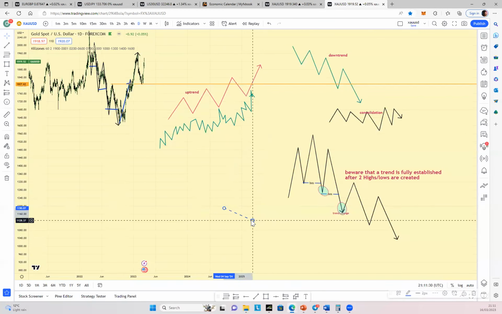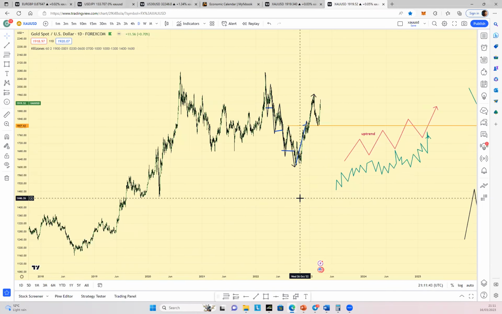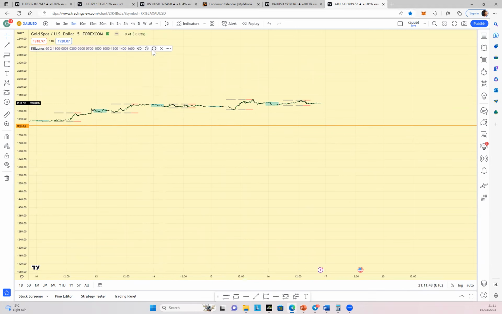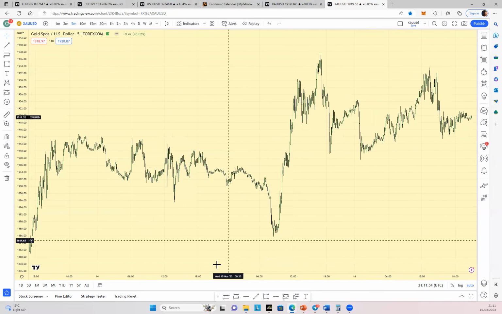So that's basically what you see when you look at the markets, generally speaking. In every time frame, whether it's 5 minutes or 1 minute, you always see a trend, right?